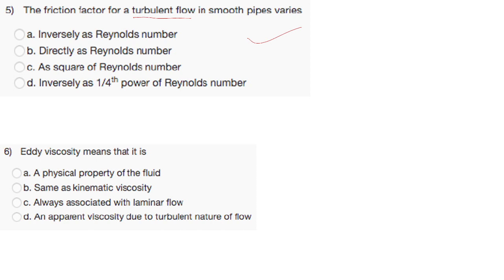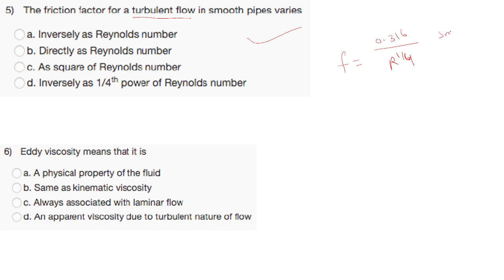If you will try to search the formula in case of your smooth pipe, what I have seen here, your f is equal to, for a smooth pipe turbulent flow, 0.316 divided by Re to the power 1 by 4.